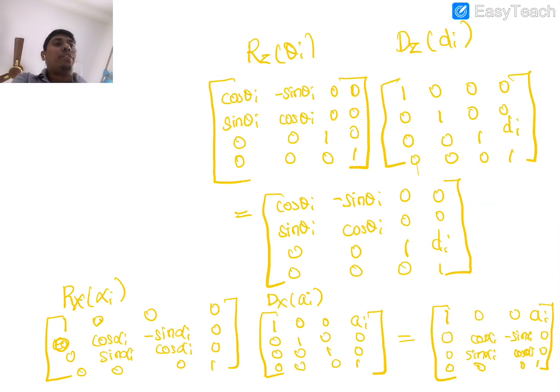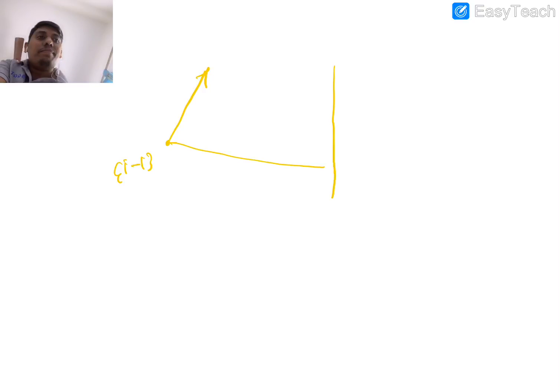So we'll go the same way to the non-standard form. What does the non-standard form do? The non-standard form starts from the i minus 1 frame. Okay, so then you can see, this is i. So this is Z i and this is Z i minus 1.